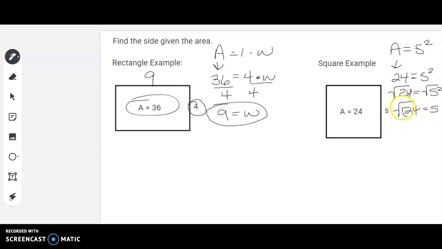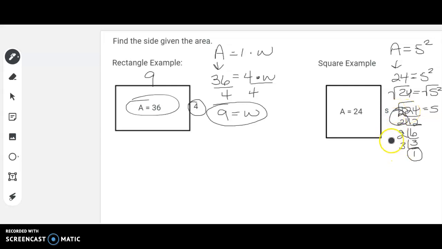So 24 is divisible by 2, so I'm going to start prime factorizing. I get 12. Divide by 2, I get 6. Divide by 2, I get 3. Divide by 3, I get 1. That means I'm done. I circle my groups of 2.